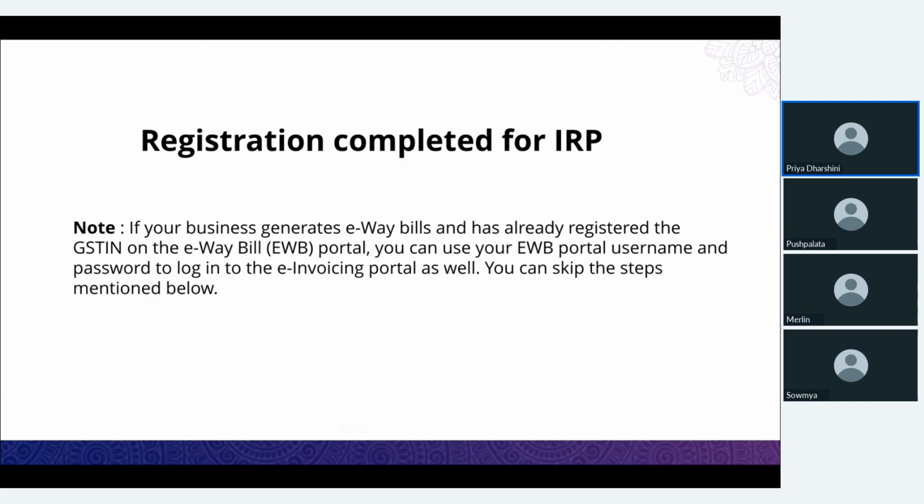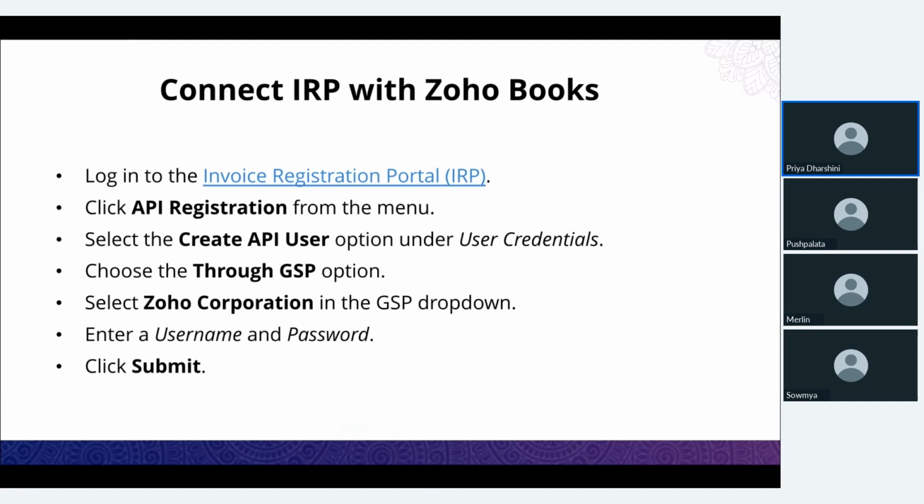So once you have successfully registered your GST number in the IRP portal, the next step is to add Zoho Corporation as a GSP. For that, just log into the IRP portal using the credentials which we generated before and click on API registration from the menu. Now, under user credentials, you will have an option called create API user. Just click on it and select the option called through GSP.